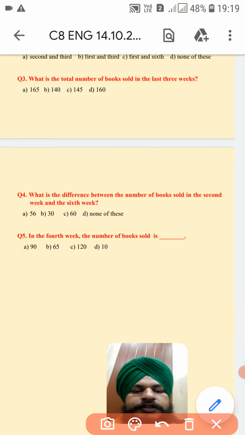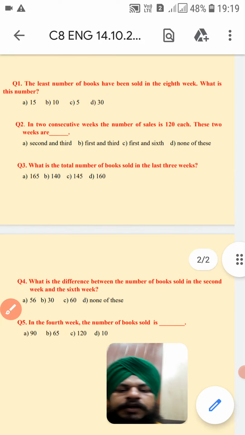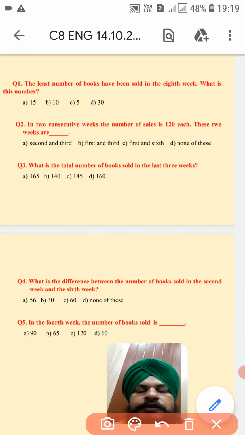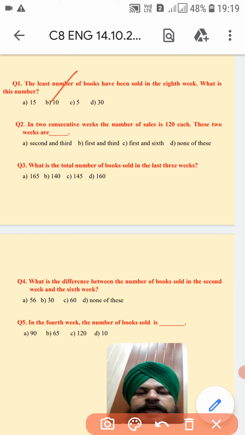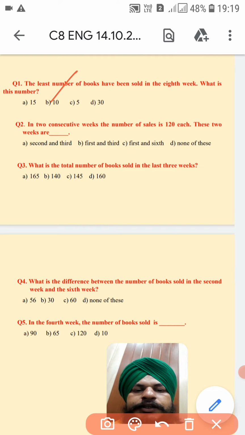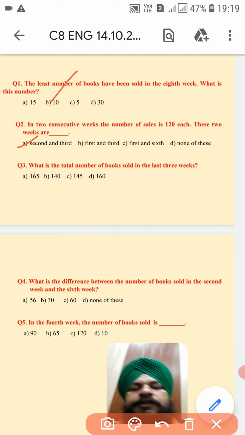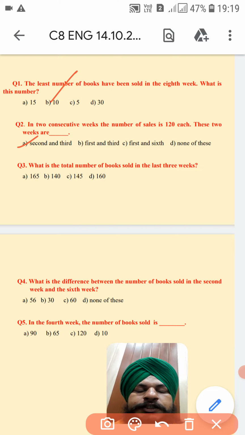So let us discuss all the answers again. Let us mark the answers. So in the first question, the least number 10 books were there, B option. In the 2 consecutive weeks the number of sale is 120 each, the 2 weeks are second and third. What is the total number of books sold in the last 3 weeks?